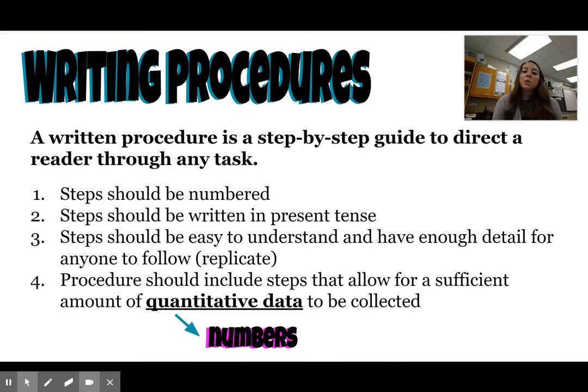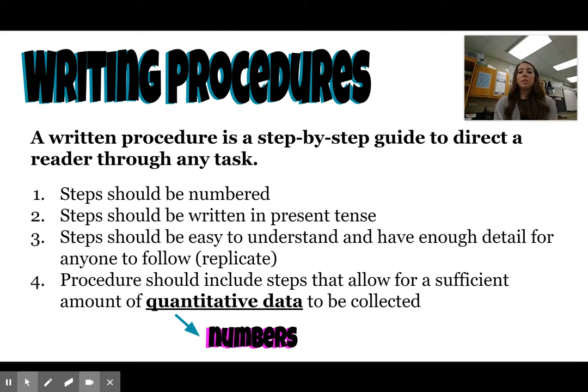Number 3, steps should be easy to understand and have enough detail for anyone to follow. And this part can be a little complicated because we get familiar with how to do things, right? We have to act as if the person reading this has never done it before, never heard of it before. We want to be as specific as we can so that it can be replicated by anybody.